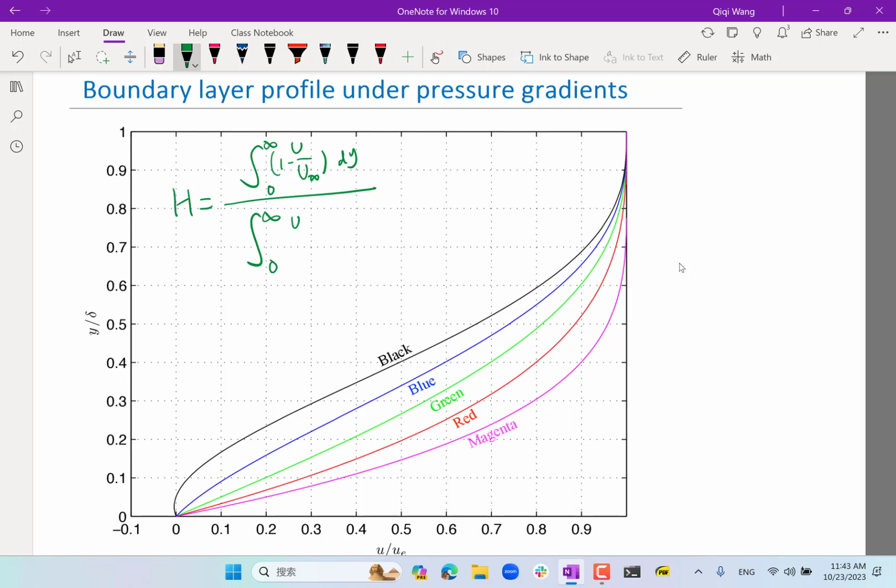The momentum thickness is the integral of u over u infinity times 1 minus u over u infinity. So basically the shape factor would be high if this value is going to be small over most of the deficit, and the shape factor would be low if u over u infinity is close to 1 over most of the deficit.